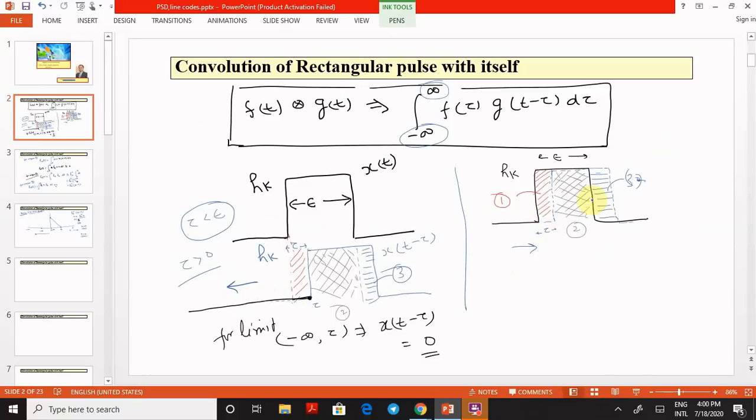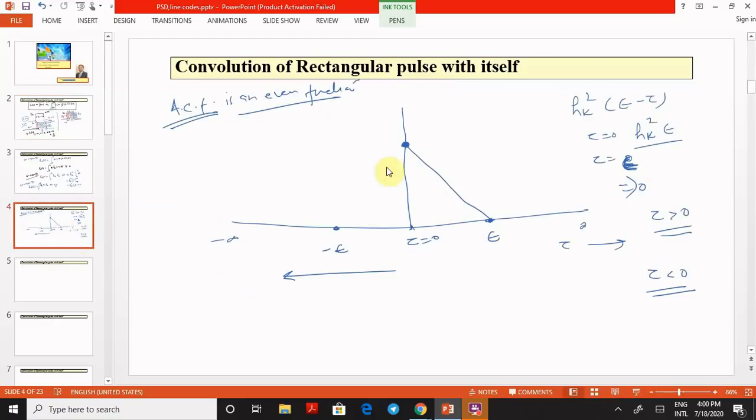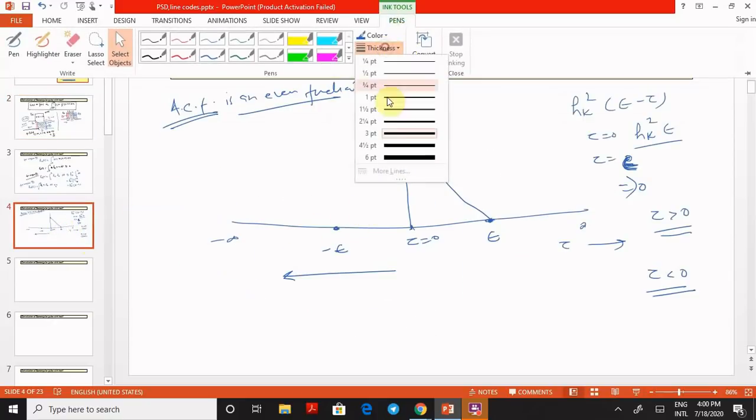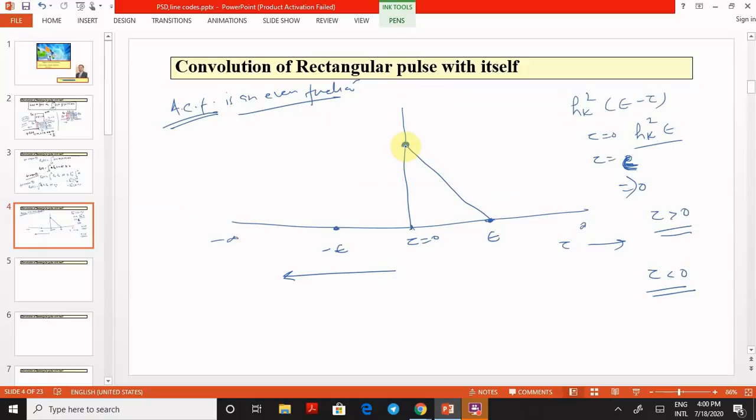So you can have the scenario like this also, where the window is shifting in this direction. This is the shifting when tau is moving in this direction, and similarly when tau is moving in the other direction. So with the help of symmetry, you can complete this graph like this.